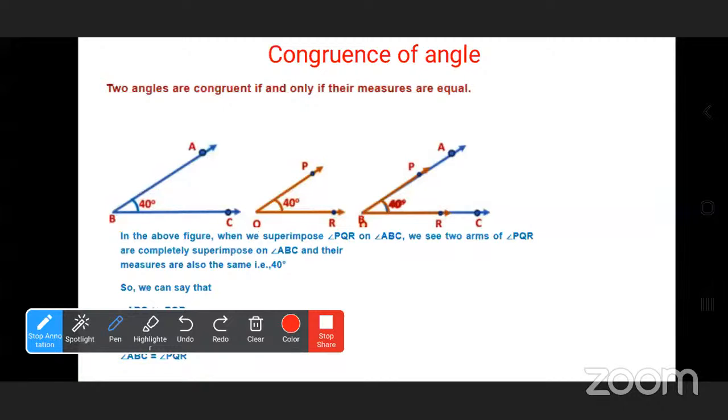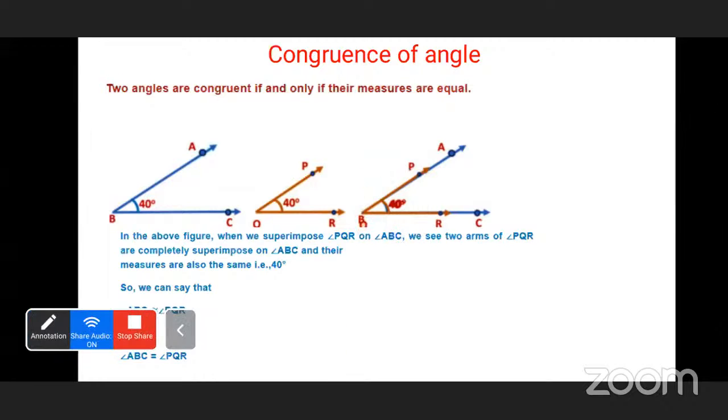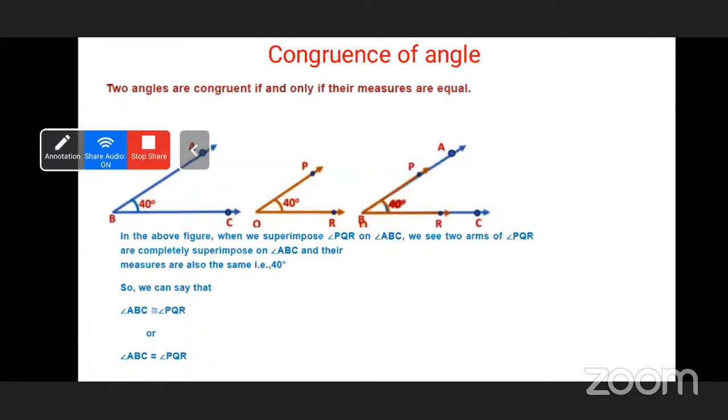When we put the two angles on each other, we can see the arms are longer or shorter, but the measurement of the angle is the same. The measurements of angle ABC and angle PQR are the same, so we can say that angle ABC and angle PQR are congruent.